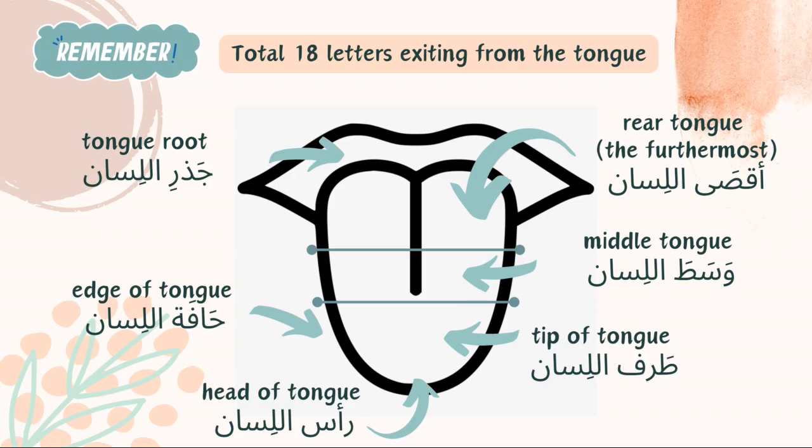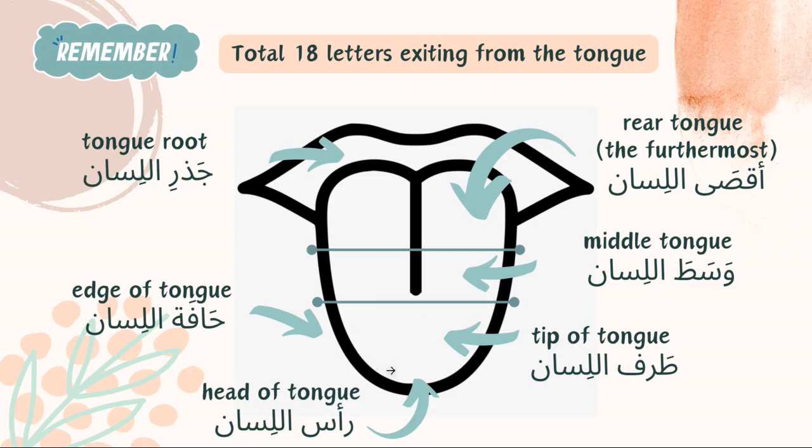The rear tongue, also called the furthermost, in Arabic aqsal lisan, and then the middle tongue, wasatal lisan. This is the middle part of the tongue where this arrow shows. And then we also have the tip of the tongue, tarf al-lisan, and tarf al-lisan is this area.